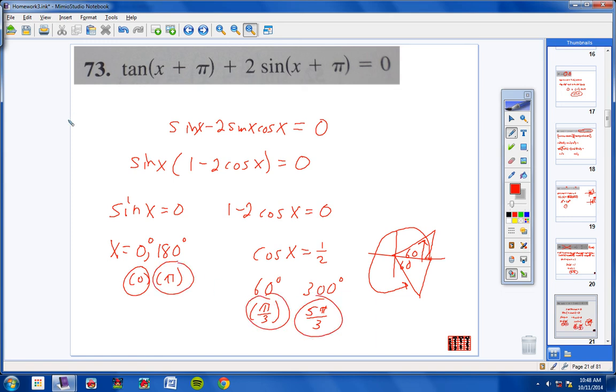You have to check each one individually. If you do that, I believe all of them work. I'm looking in the answer key, and yes, all 4 of these answers do work, so there is the answer to number 73. Not too bad.